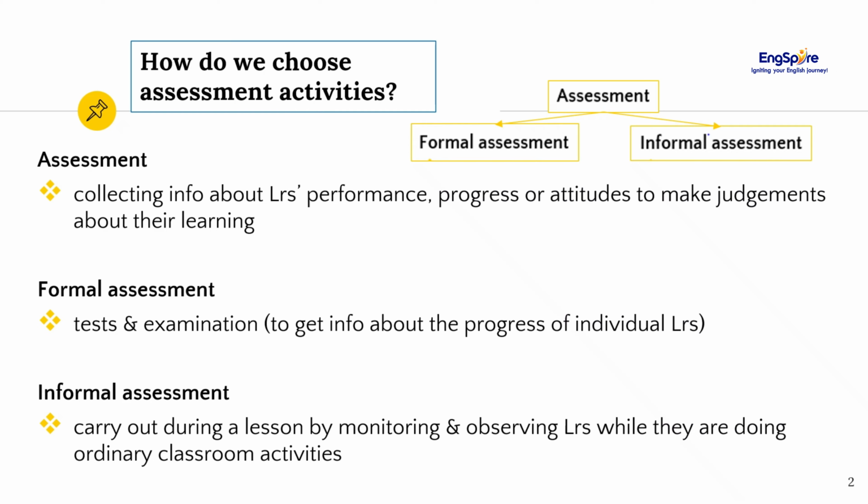For example, a teacher may listen to students during a speaking activity and take notes about their language use. Both types of assessment are important because they help teachers understand learners' strengths, difficulties, and progress, and they allow teachers to make better decisions about future teaching and learning.